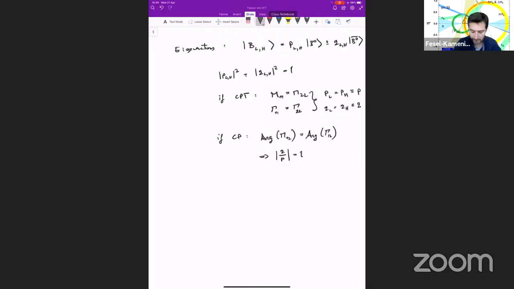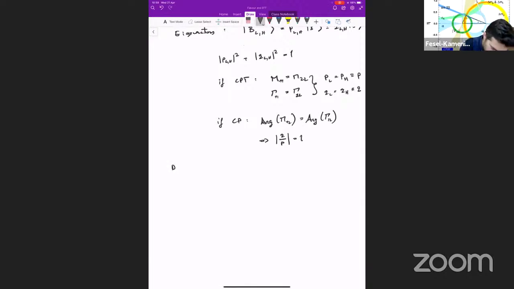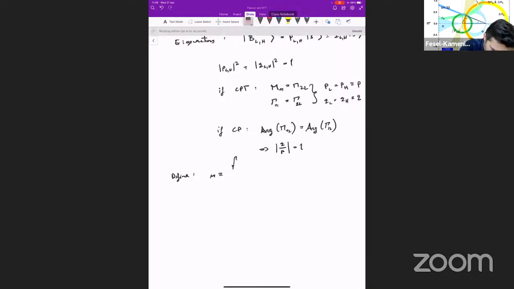Okay, so to proceed further, let's define some further properties of our neutral B-meson eigenstates. So let's furthermore define m to be the average mass of the two eigenstates. So small m will be (m light plus m heavy) over 2.